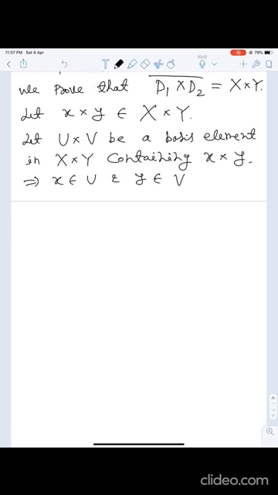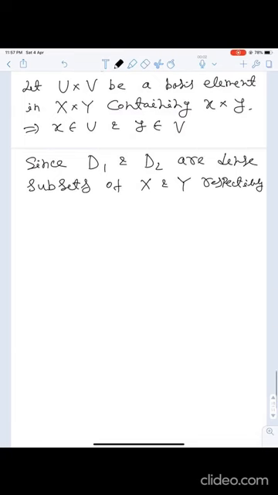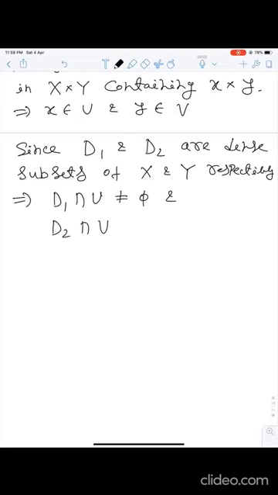Now since D1 and D2 are dense subsets of X and Y respectively, that implies D1 intersection U is non-empty and D2 intersection V is also non-empty.